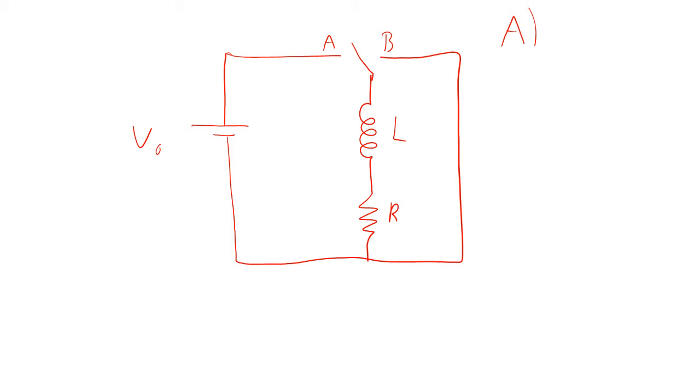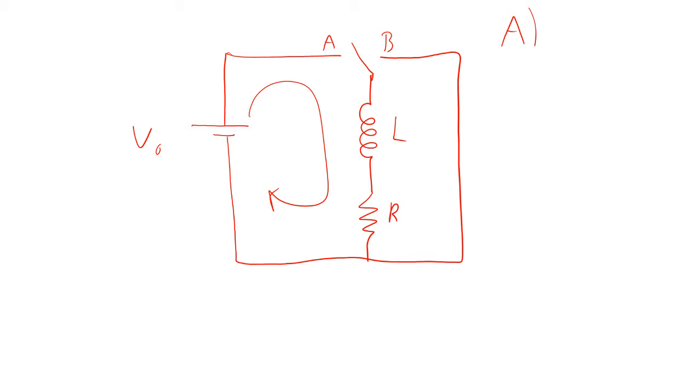Now, we'll explain what happens in a moment, but we're going to start off saying that it's been in this position for a long time. So current is going to want to go this way. We know that the inductor resists change, but after a long time we're in a steady state condition, so we're in equilibrium and it's no longer resisting.